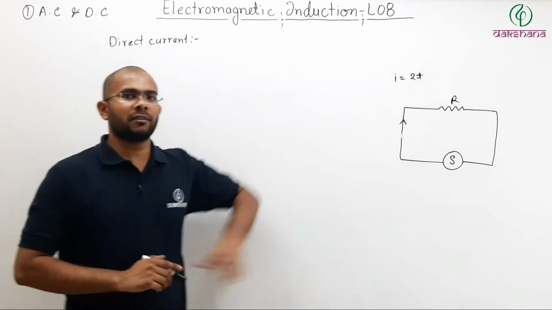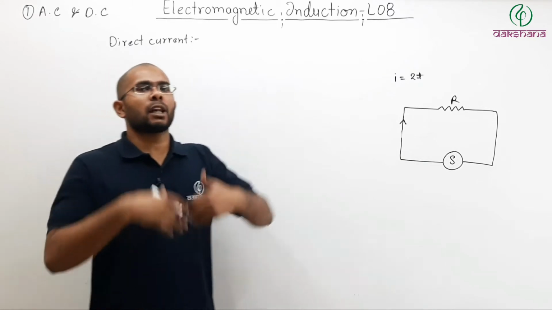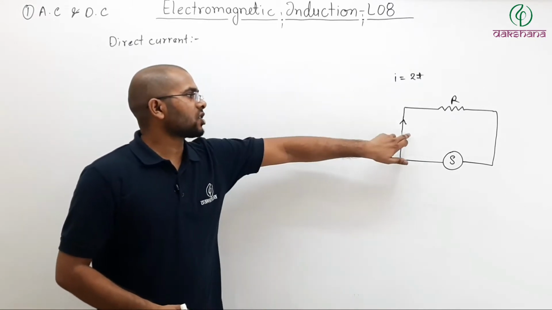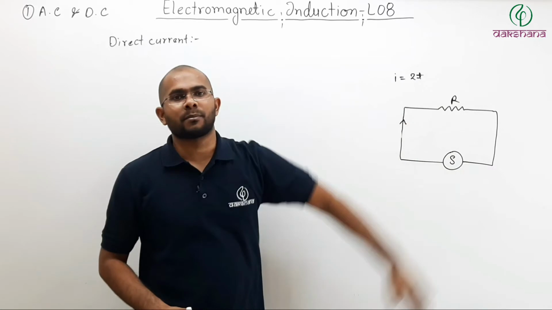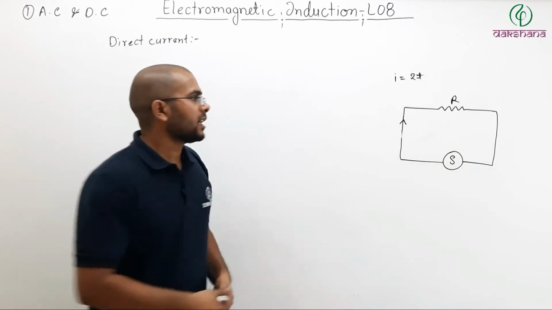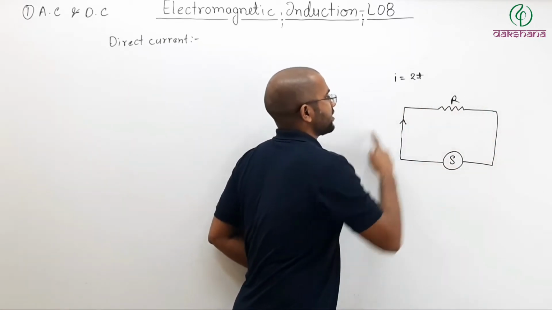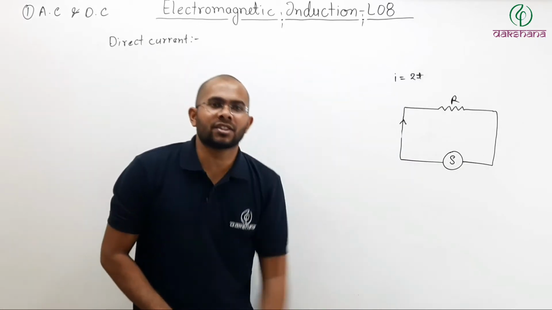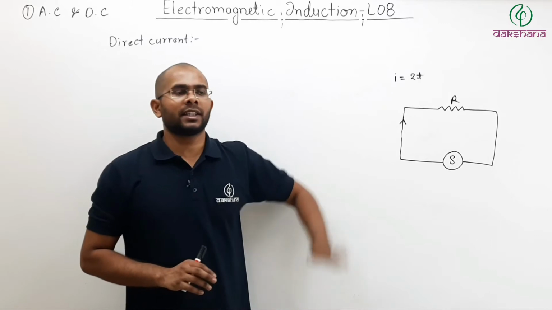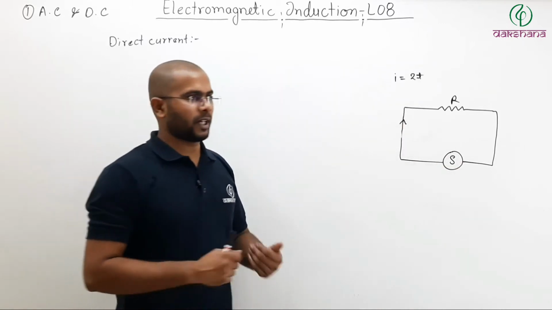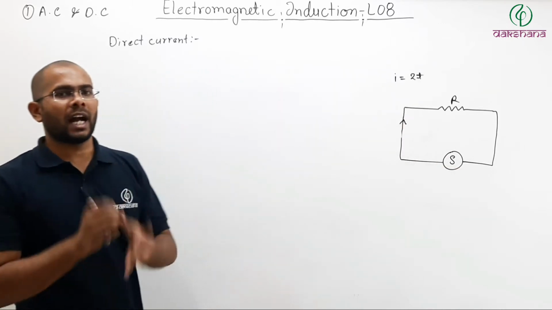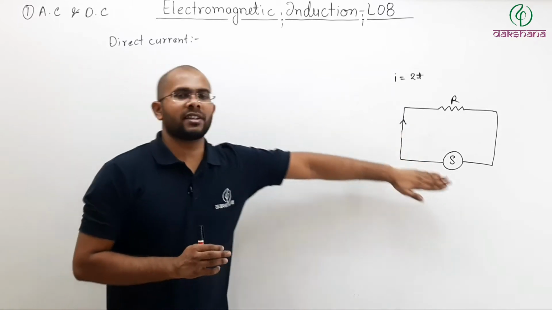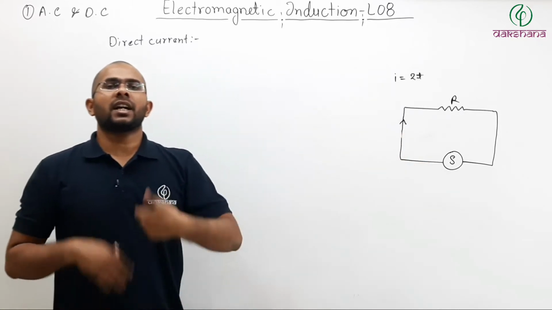Now this current will vary, but as long as the direction of current remains the same, as long as current keeps moving in the same clockwise direction, no matter what the variation of current, we will call it a DC current.